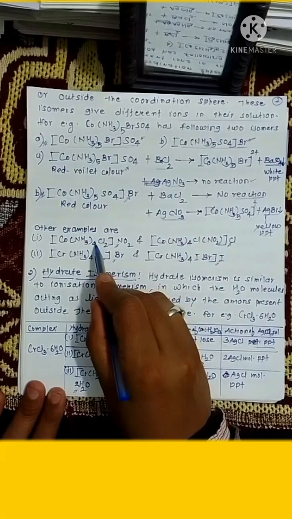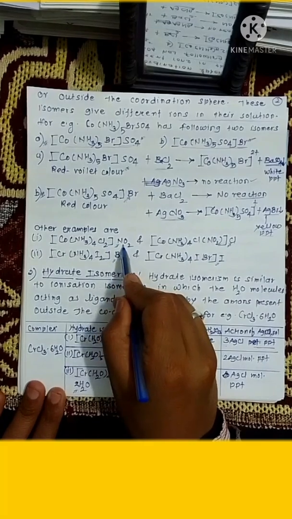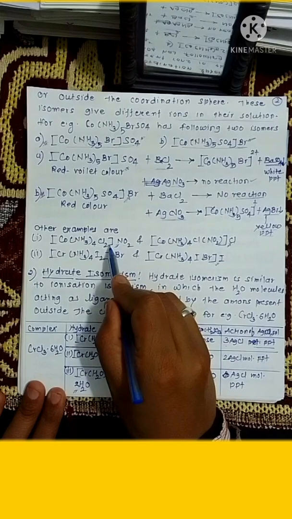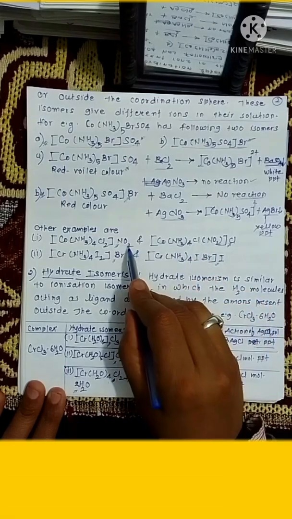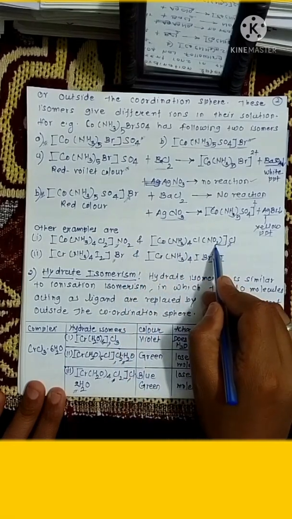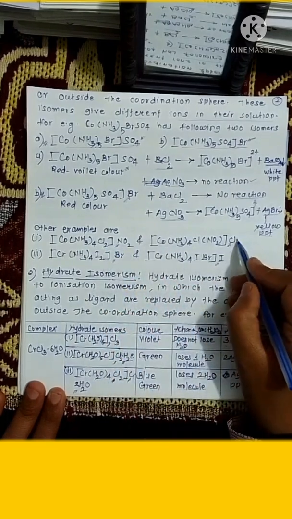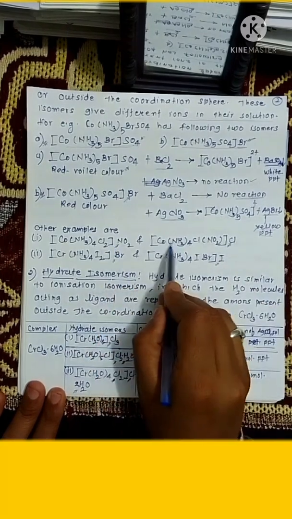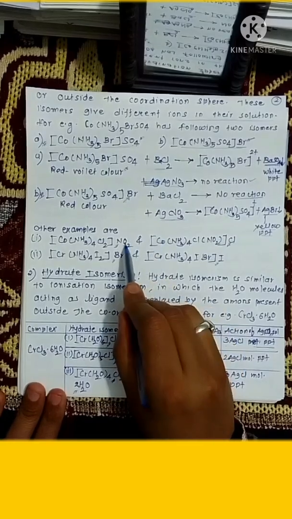In this complex, NO2 is present outside the coordination sphere. It is the counter ion in this case. But in this complex compound, NO2 comes into the coordination sphere while one of the chlorine atoms goes outside the coordination sphere. So both these complexes are ionizable isomers of each other.